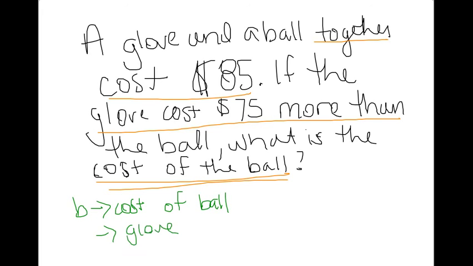Well, the glove costs $75 more, so that's going to be B plus 75. And now I need you to write your equation. Together, they cost $85. So the cost of the ball plus the cost of the glove equals 85.